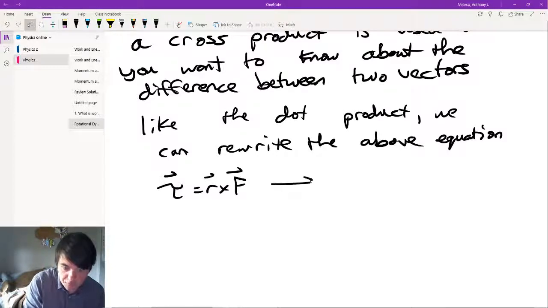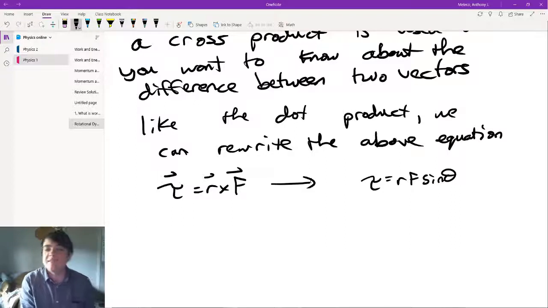We can get around that. Since we're talking about magnitude now, I'm just going to take that off. And sine theta, again, is used because sine of 0 gives you 0 if there's no difference between R and F. And then if there is a big difference, 90 degrees, this becomes 1, this becomes maximum.